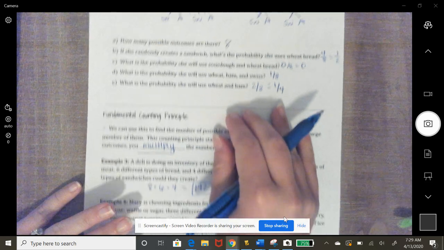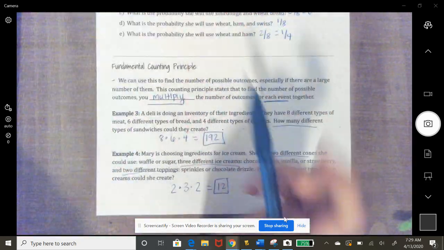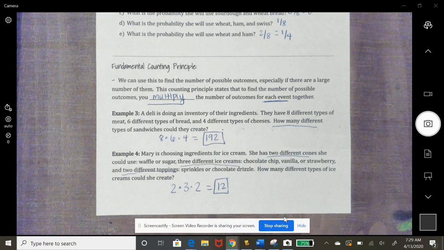Okay, so this is just a shortcut, especially when there are large numbers, so that you don't have to make a tree diagram with 192 branches on it, because that would take forever. So use that. I tried to give you a hint on the quizzes where it said find the possible events. I would say use the fundamental counting principle, but you can always use the tree diagram as well.